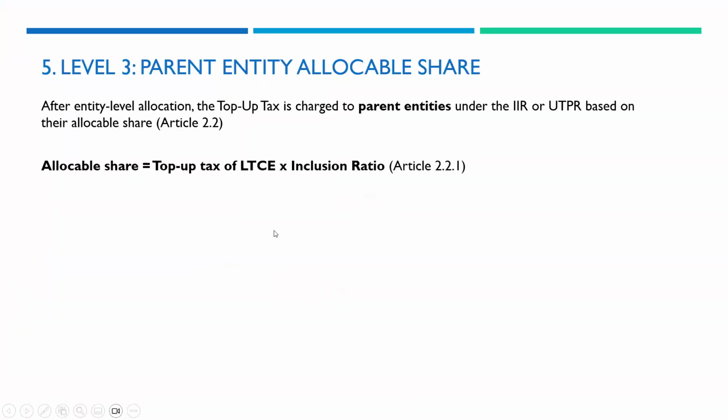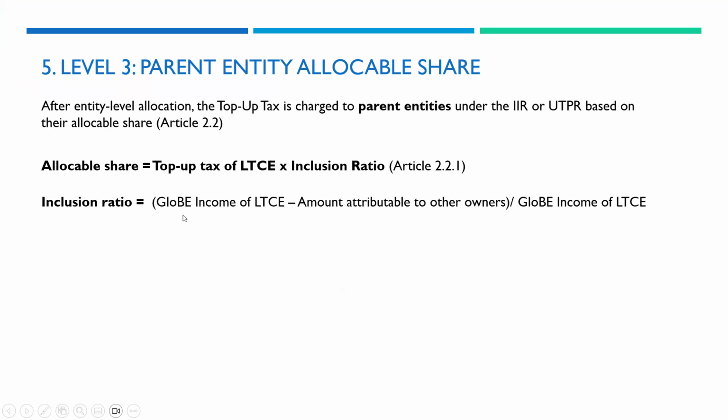At parent level, we already know how the parents will do it because we have to find the allocable share. Allocable share is nothing but the top-up tax that we calculate, like 300,000, into the inclusion ratio. How do I find the inclusion ratio? You already know: globe income minus amount attributable to other owners, divided by globe income. Again and again, I'm telling you, please don't take the ownership percentages. It depends on how the profit is distributed among the parent entity and the minority interest shareholders.